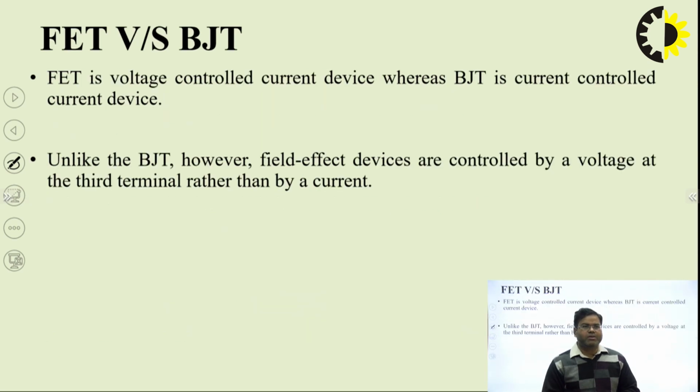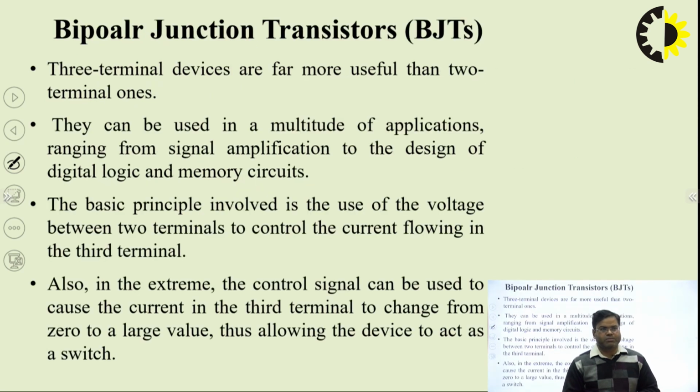In BJT, the output current is controlled via control at the input. So it's a current controlled device, and FET is a voltage controlled device. So this is a short comparison between BJT and FET.